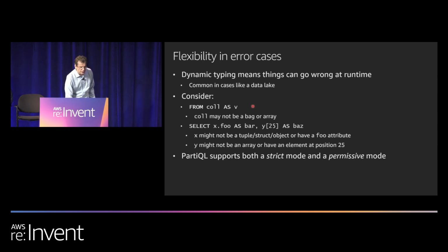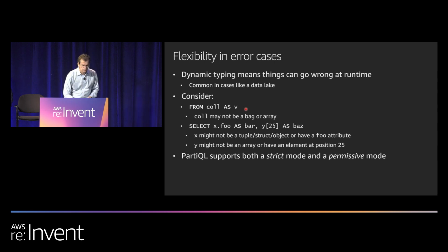Notice we had plenty of examples that had a clause of the kind from collection as alias. A legitimate question to ask there is, what if I didn't have a bag or an array there? If I have a bag or an array, it's nice. It looks very much like an SQL table. That carries over nicely.